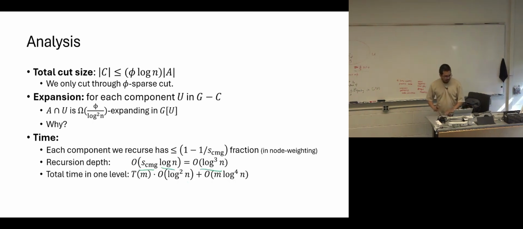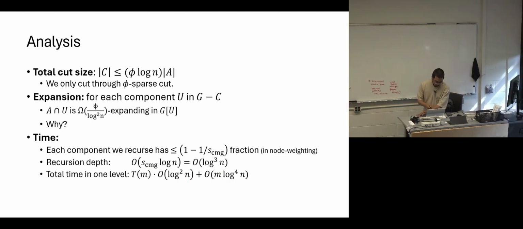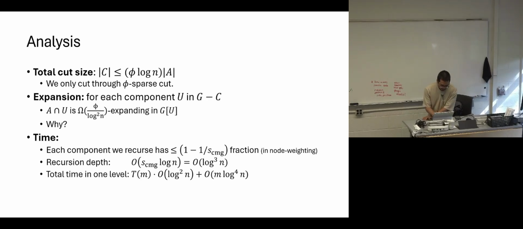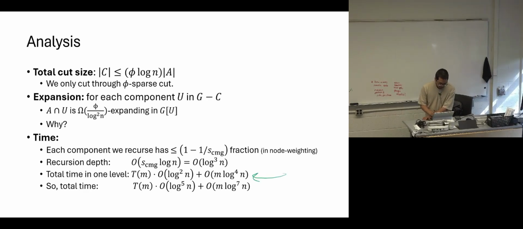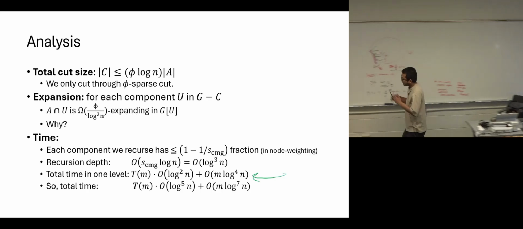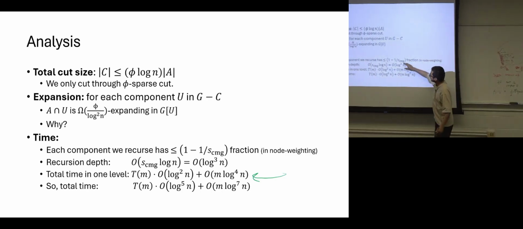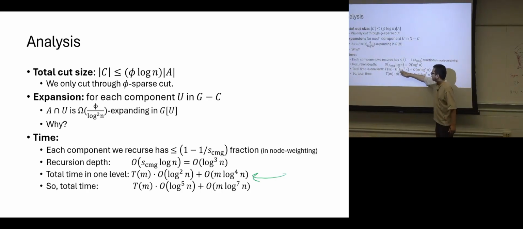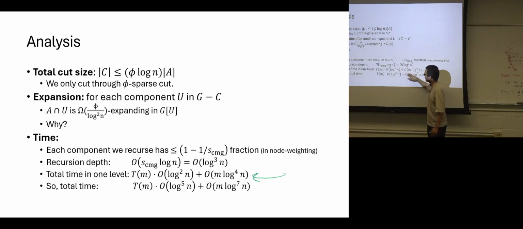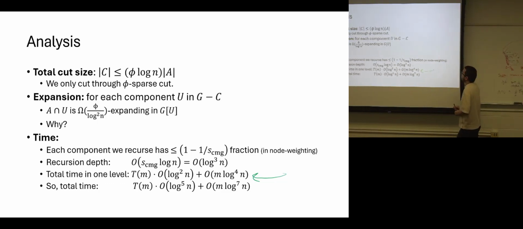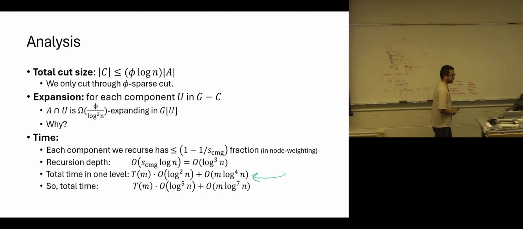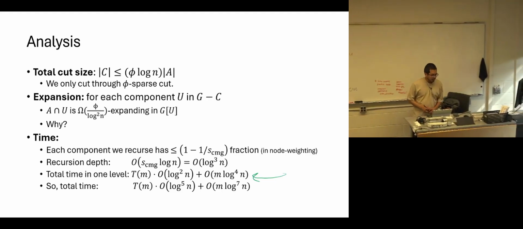And the total time per level is just the cut matching game. So the total time throughout is the number of levels times the time per level, which is this. Questions?